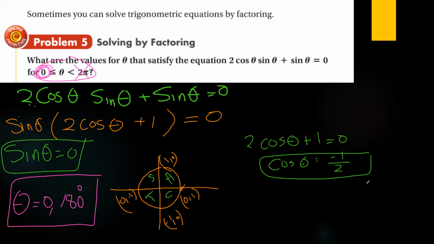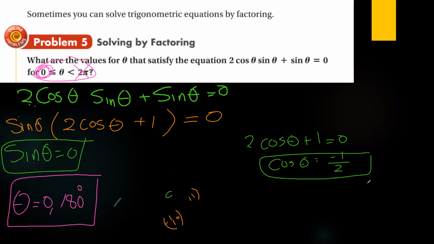So now, cosine of theta is negative half. How do you solve it? First, ask yourself, which angle has cosine positive half? It's 60. Then I want the cosine to be negative, so it's in quadrant 2 or quadrant 3.